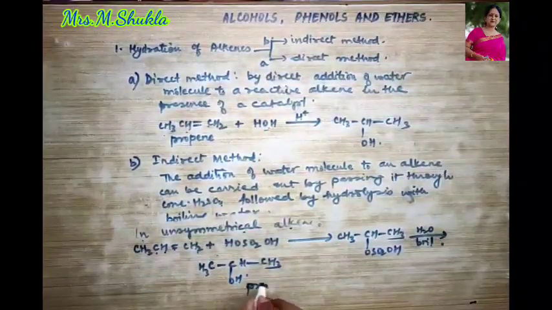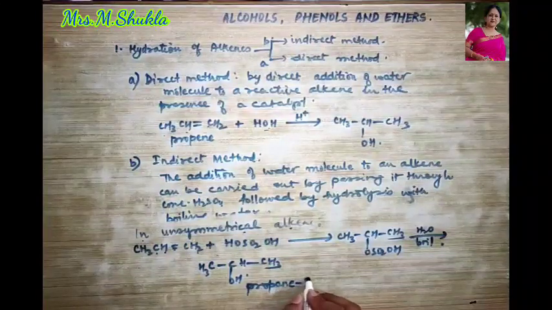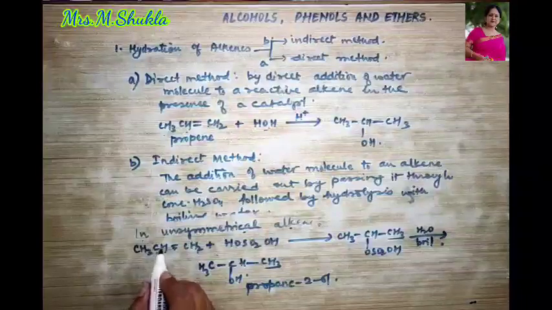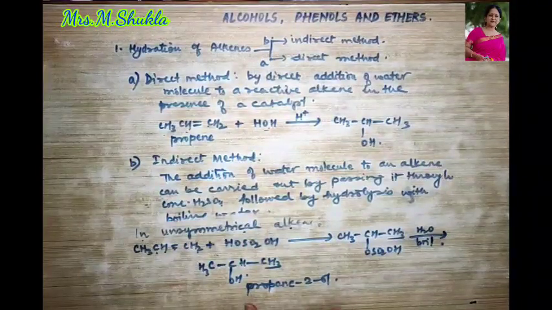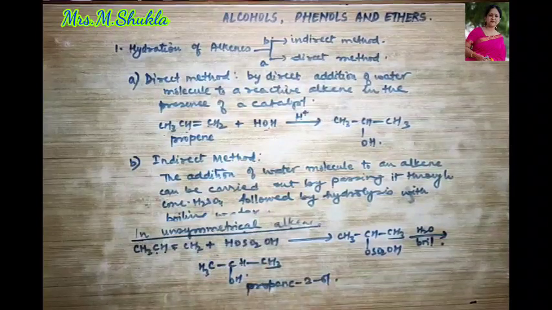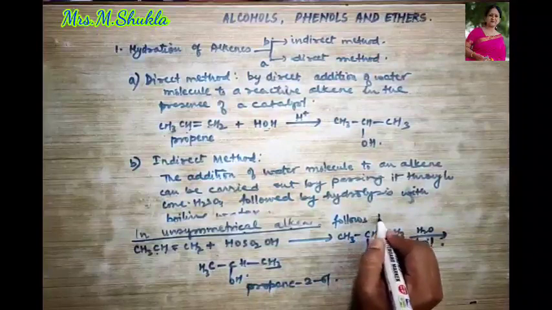This is called propan-2-ol, which will be formed. So this was your example when we have an unsymmetrical alkene and it follows Markovnikov's rule.